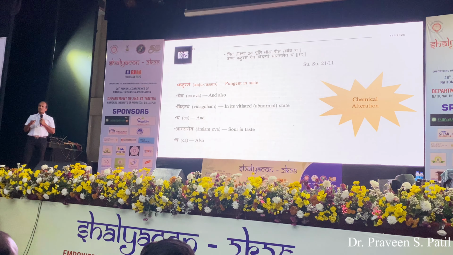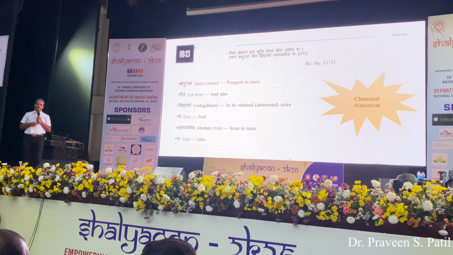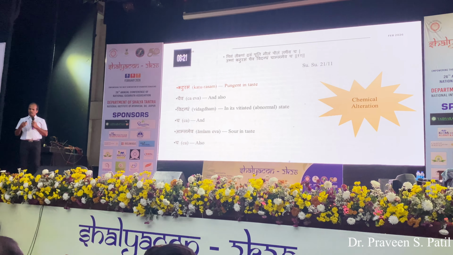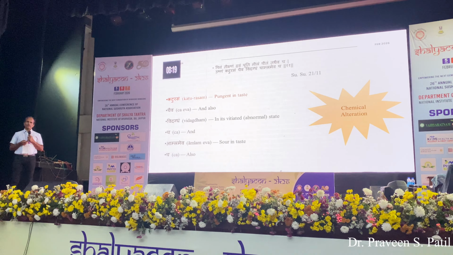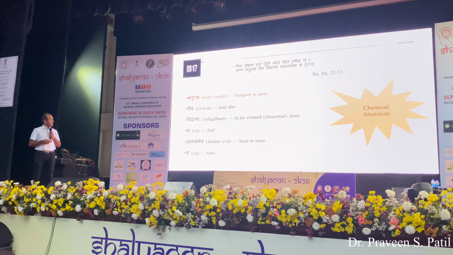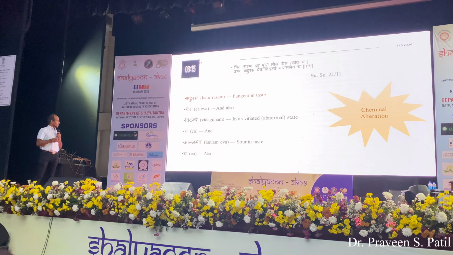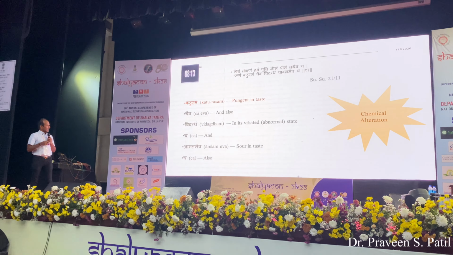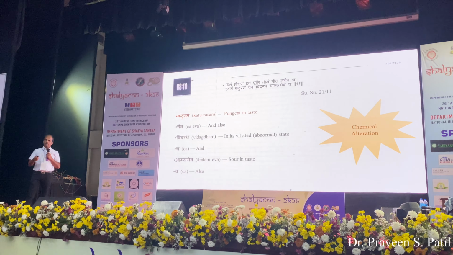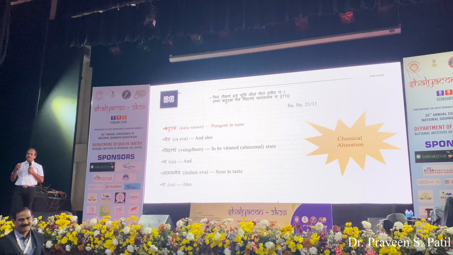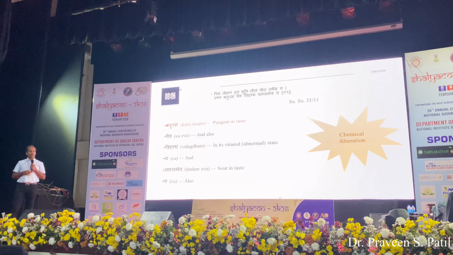See, that's what we call Vidagdhata. When the Pitta becomes Vidagdha, it changes its rasa. The basic rasa of the Pitta is the Katu rasa, and once it moves into Vidagdhata, it changes its rasa into Amla.